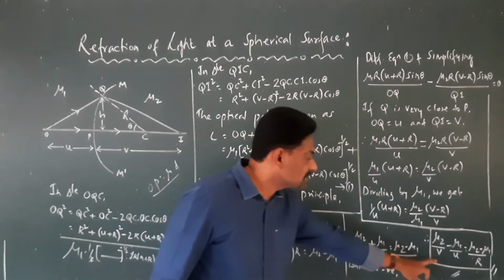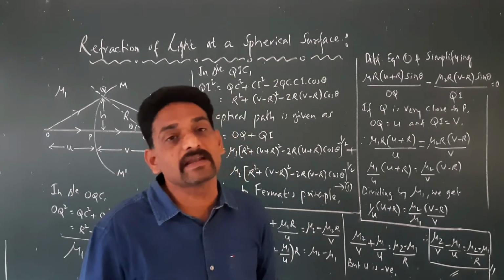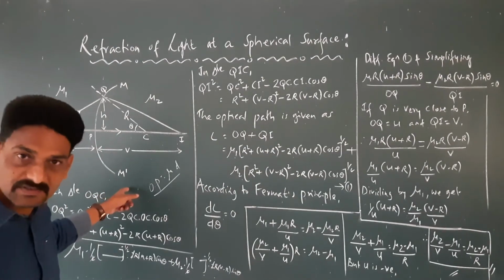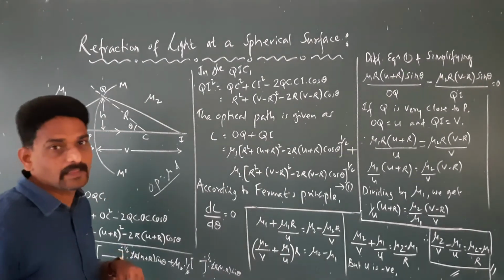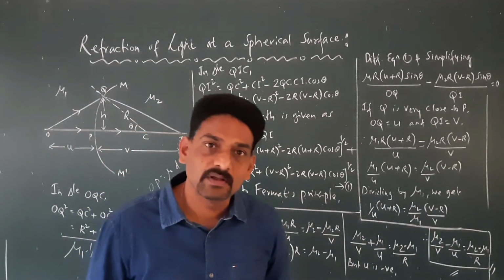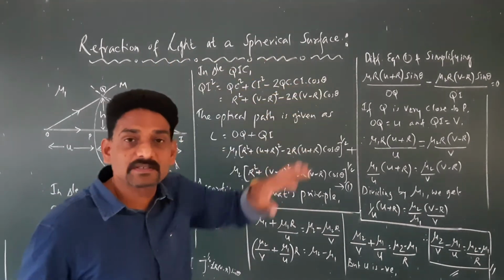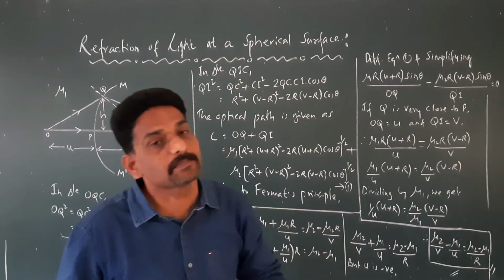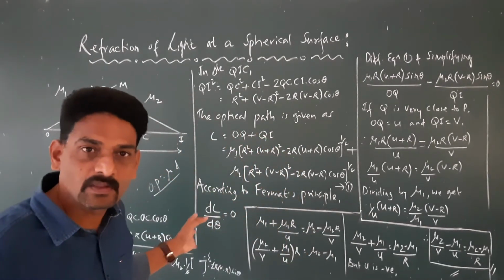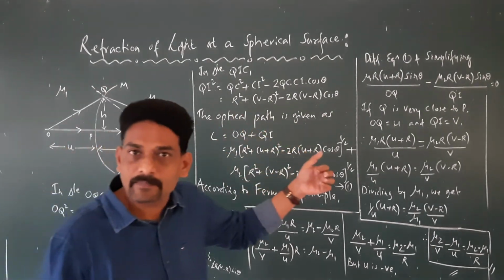So this becomes the expression for refraction of light taking place at a spherical surface. This is how one can obtain an expression for refraction of light at a spherical surface by applying Fermat's principle. What all did we do here? First we calculated the optical path, that is OQ plus QI.